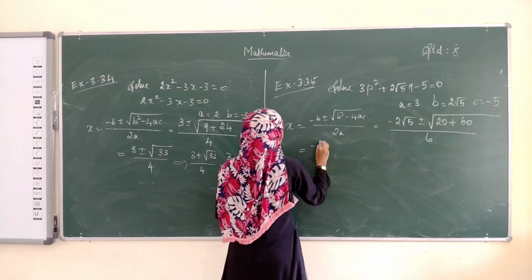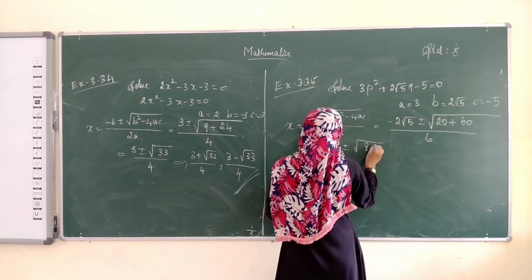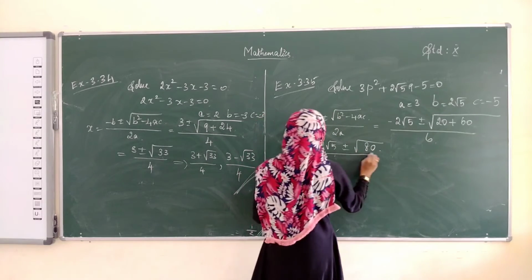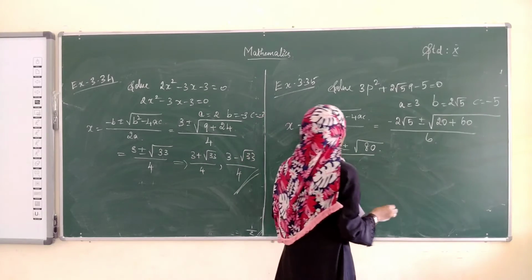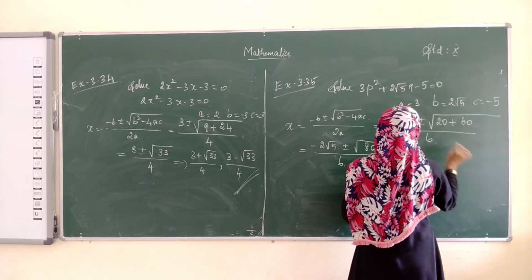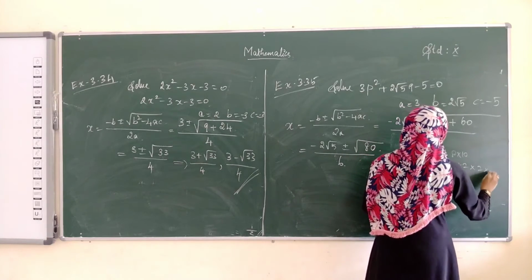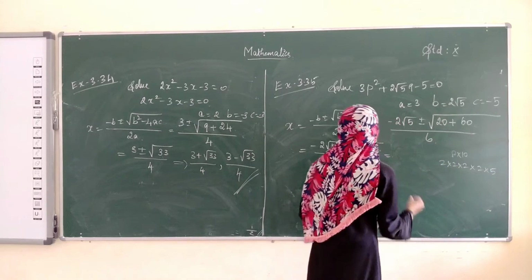Okay, now solve this. Minus 2 root 5 plus or minus root of 80 divided by 6. Okay, 80 can be written as 8 into 10. 8 is 2 into 2 into 2, into 5. That is 2 power 4.